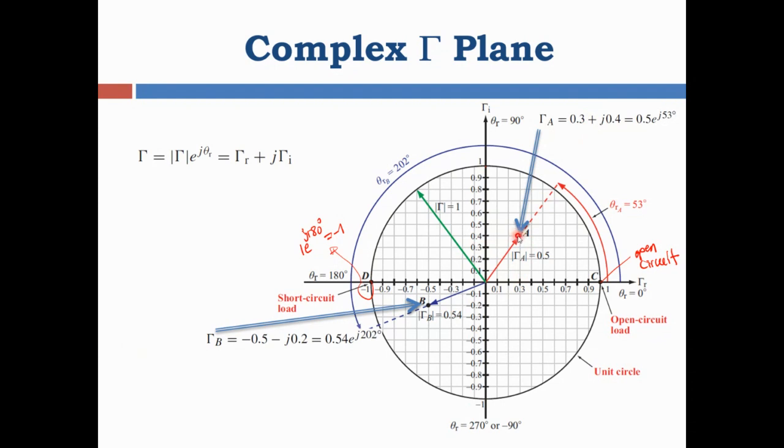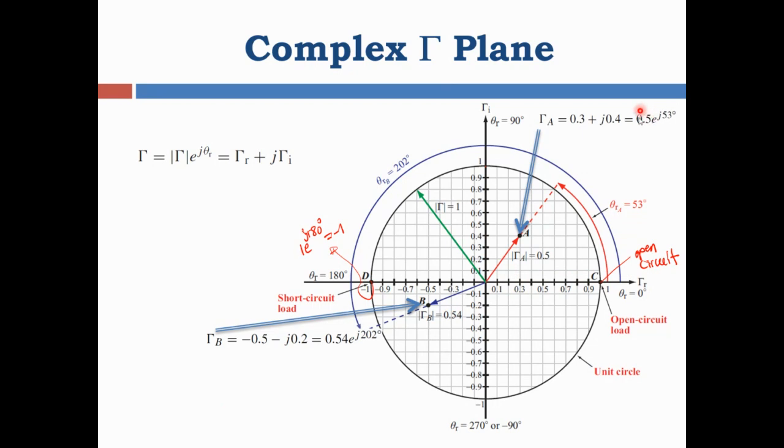Since it is a complex quantity, this arrow is going to be the magnitude of gamma, and from the horizontal axis to the right, the angle that it makes is going to be theta r, the angle of the reflection coefficient.